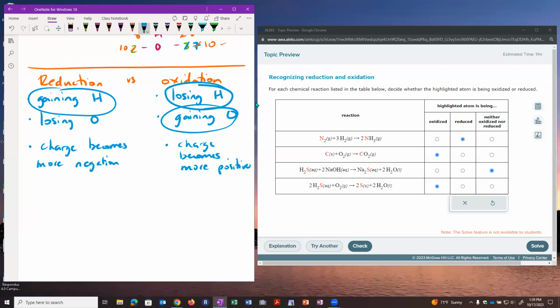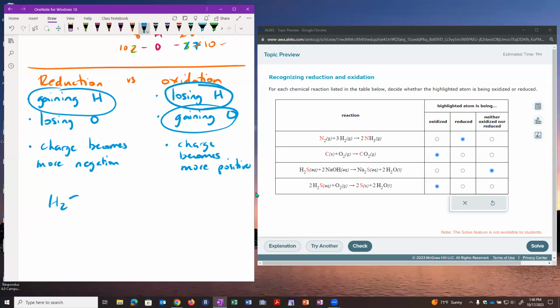And then in the second to last one, we'll see here that the sulfur starts off being attached to hydrogens, and then here it ends up being attached to sodium. So you may think, well, since it's lost H's, should it be oxidation? Well, here, because it's attached to something else at the end, we need to take a closer look at it.